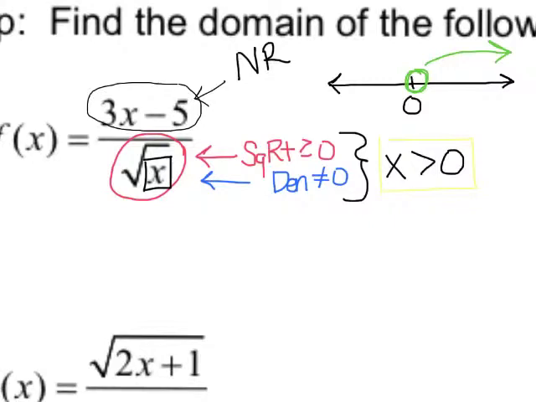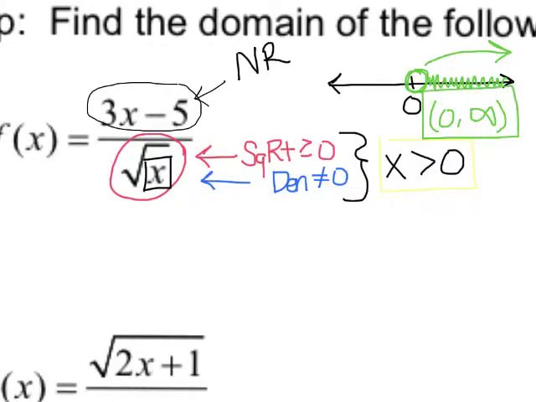So where do you start? I start at 0. Remember, we're not going to touch 0, and I'm going to go forever that direction. So that's 0 to infinity. And that's it for question A.